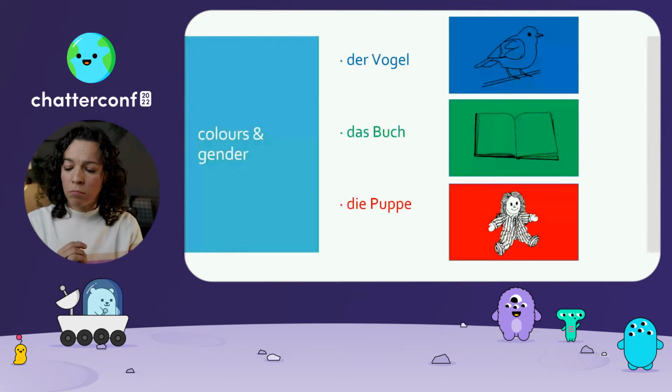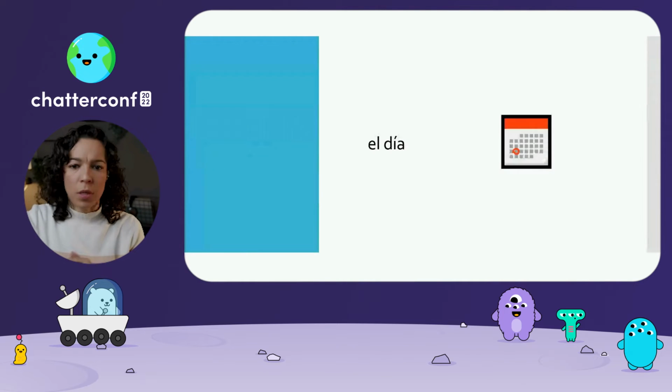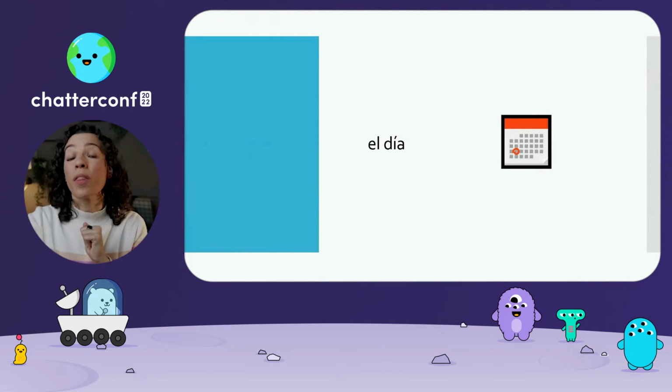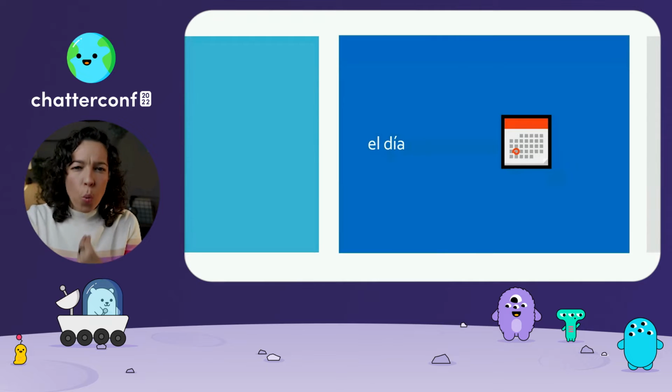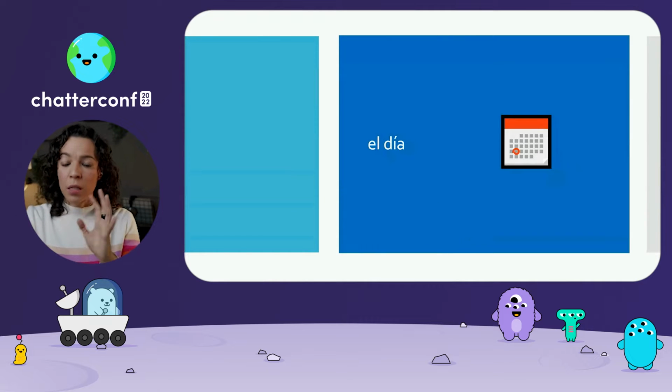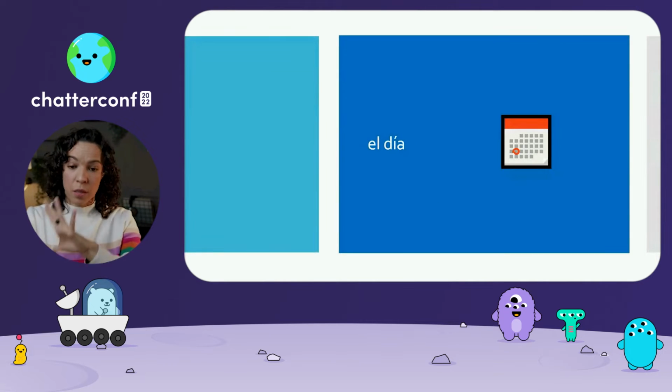But it can actually help you a lot. Yeah. Sí, momentito. For example, if I show you día, el día, then you need to remember el is for masculine. El día actually finishes with a, which is usually feminine, but if I give you a color and you always see it with a color, blue, which is very dominant on this screen, so I'm pretty sure it's masculine: el día.